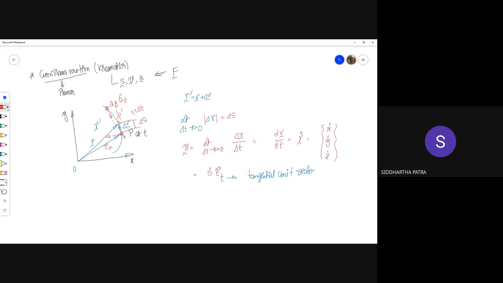If you really think about it, in the limit delta t tends to 0, delta r aligns itself along the tangential direction, which is basically me drawing a tangent to the path at point P.